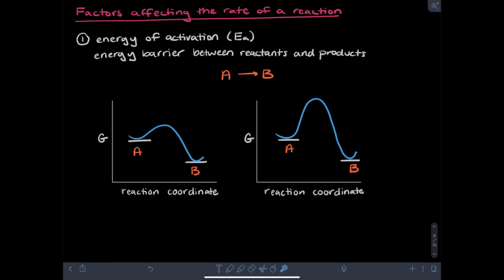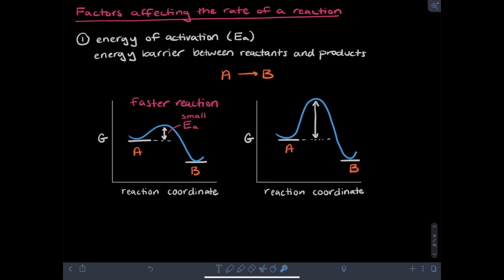In both cases, product B is lower in energy than A, and what's changing is the barrier height, or the blue curve going between A and B. I measure the barrier from the energy of starting material A to the top of the barrier. Compared to the other graph, this is a small energy of activation. And we would expect this to be a fast reaction because it has a low barrier.